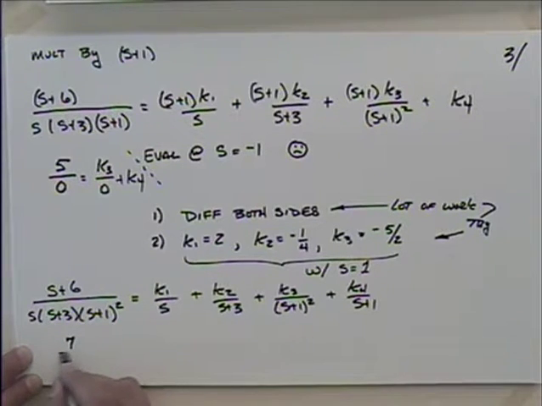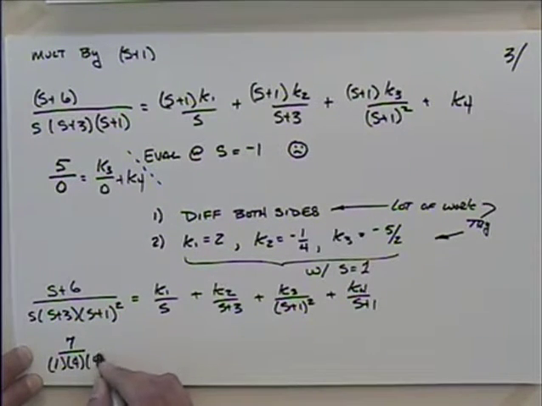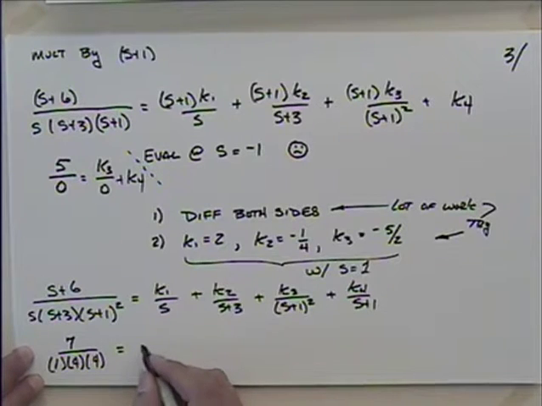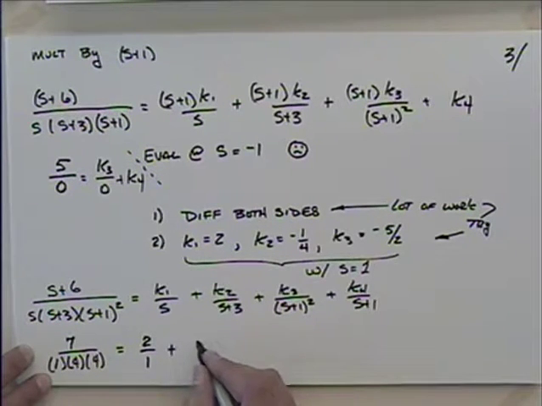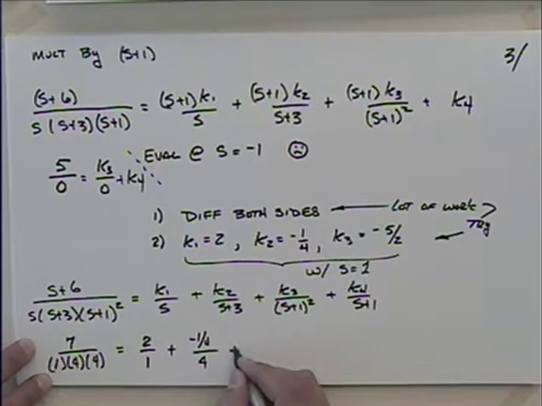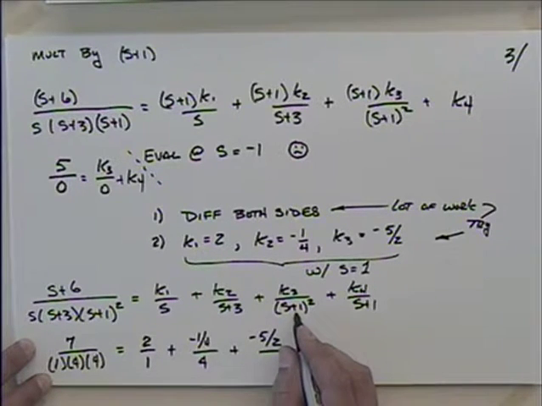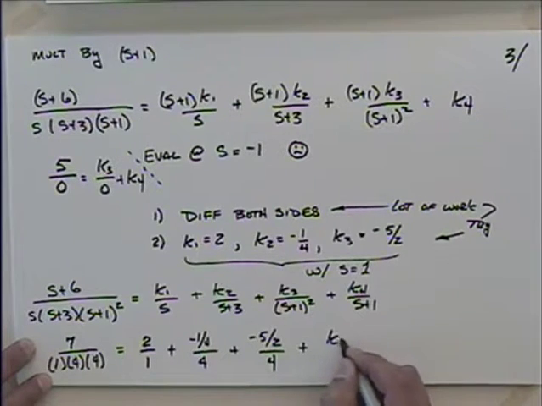So I have 7 divided by 1 times 4 times 4 squared is equal to K1, that's 2 over 1, plus K2, minus 1/4 over 4, plus K3, minus 5/2 over s plus 1, that'd be 4, and you square it, plus K4 divided by 2.